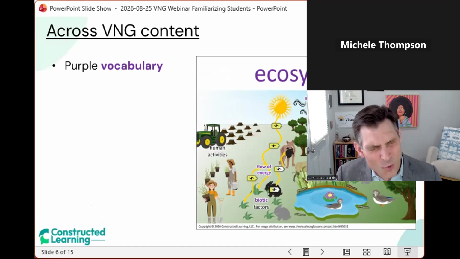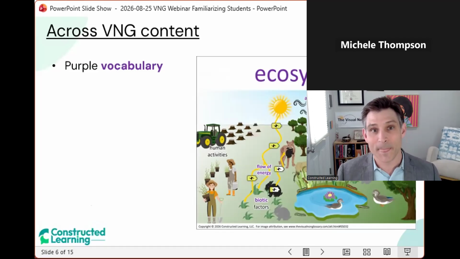But there are so many words in all content areas, especially in science, that we can't do it, and our kids definitely can't internalize all of that language. So instead, let's focus on keywords and really emphasize those keywords.